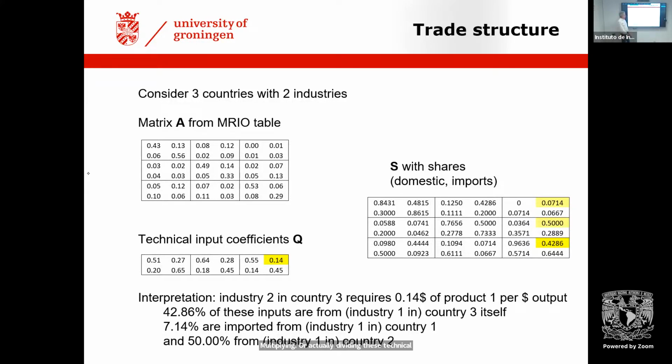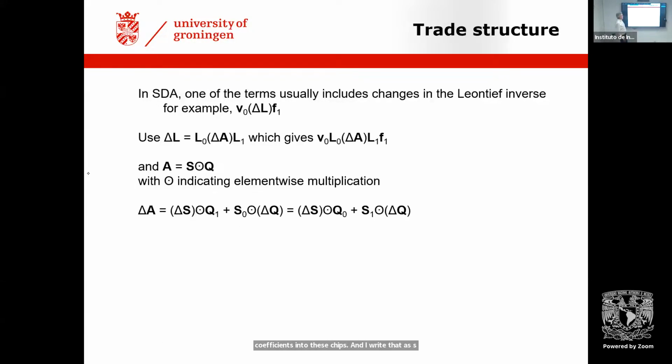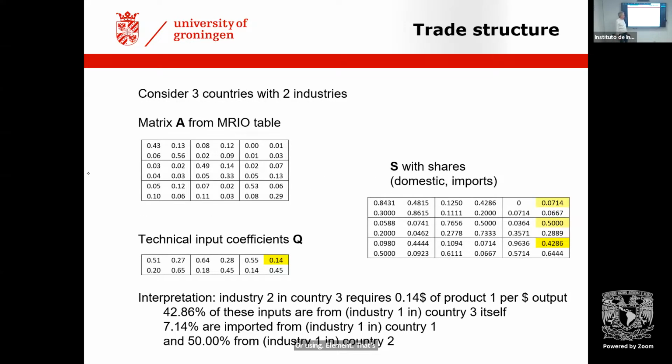And I write that as S times Q, but using the element-wise multiplication. Actually, this is incorrect.